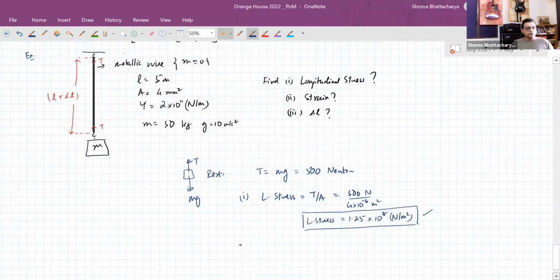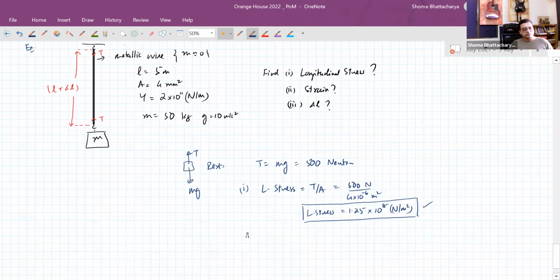Now applying Hooke's law for the second part, longitudinal stress upon longitudinal strain equals Young's modulus. So reversing this equation, the strain becomes stress divided by Young's modulus.